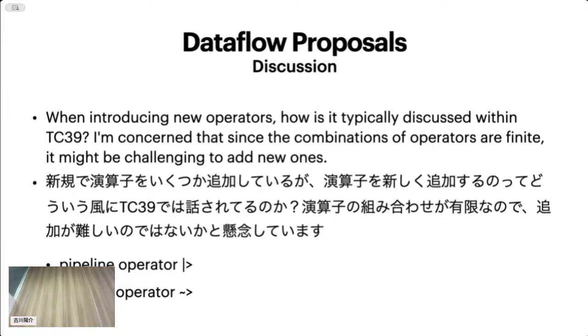When introducing new operators, how is it typically discussed within TC39? I'm concerned that since the combinations of operators are finite, it might be challenging to add new ones. So I guess that is a bit hard compared to other proposals.